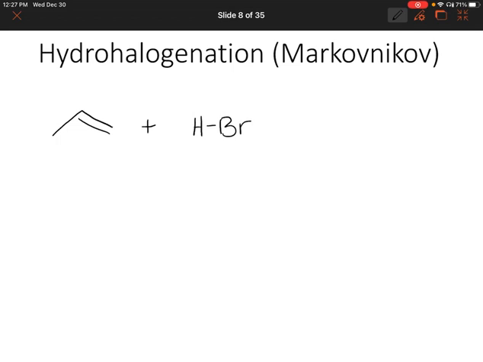All right, so if we're adding hydrobromic acid across the double bond, we know that the alkene can act as a nucleophile because it's electron rich. And would that nucleophile attack the hydrogen or the bromine?